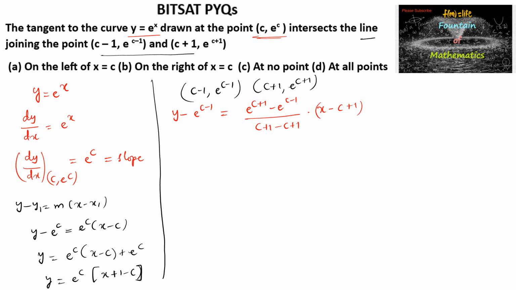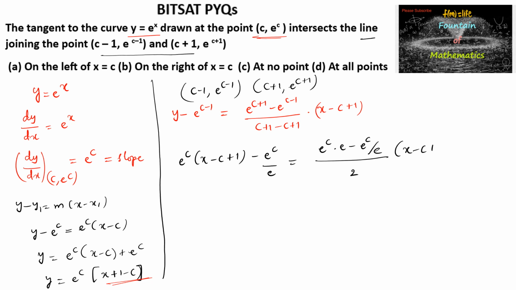So let us substitute y is equal to e power c into x plus 1 minus c here. So we can write e to the power c of x minus c plus 1 minus e to the power of c upon e is equal to e power c into e minus e power c upon e divided by 2 into x minus c plus 1.